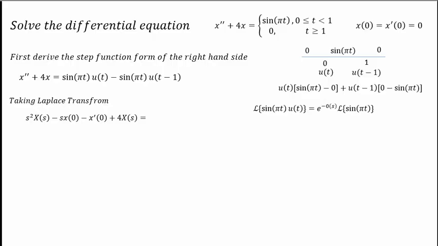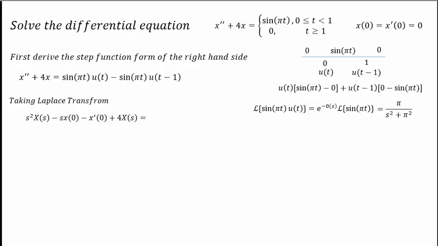And then recall, if you have the step function u(t) and then a trigonometric function, you are taking e to the negative 0s, because c is 0. So you get pi over s squared plus pi squared.